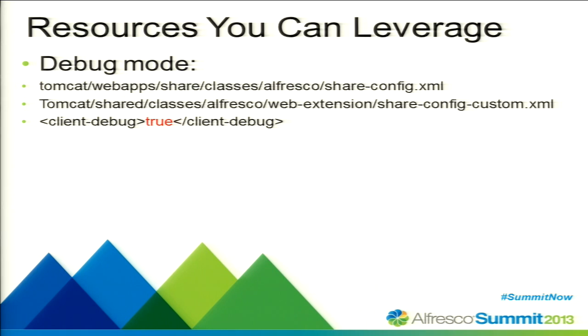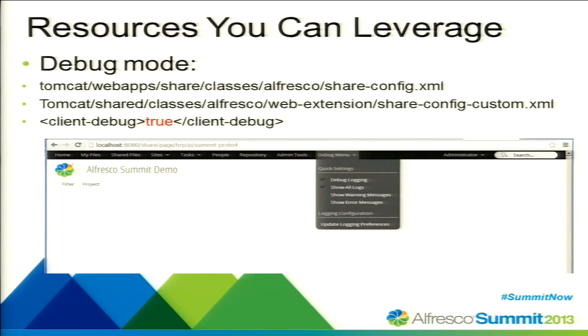So if you have both of them, you need to set it in the second one. It'll turn on this other menu that says debug menu in your Share application. So you can use that menu to turn on different debug types of listings, and that'll greatly help you as you're trying to debug your applications.